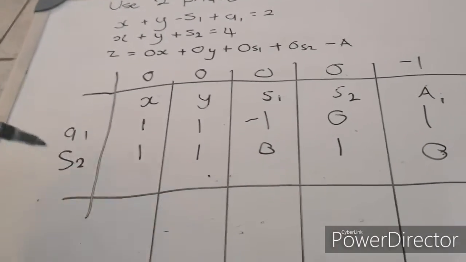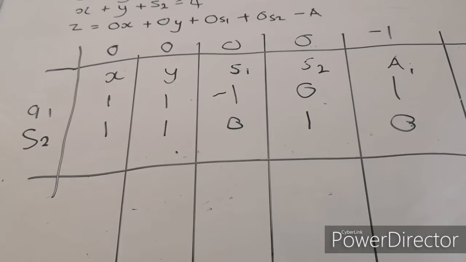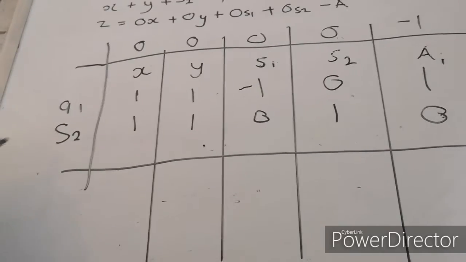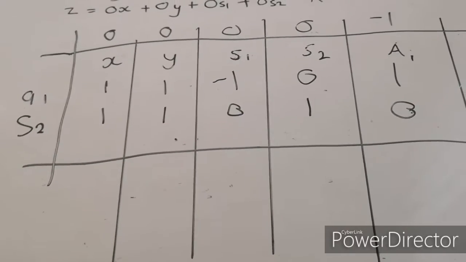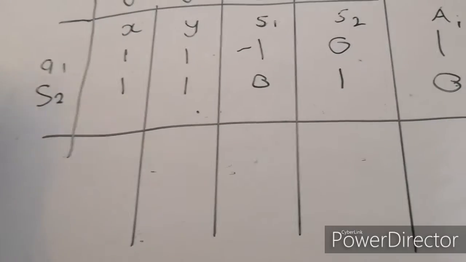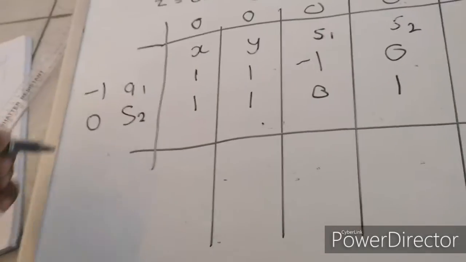If we can get rid of A1, making the whole LP feasible, we would replace A1 with something else that follows the table. But we'll see that just now. So the values for these would be, this would be -1, and that would be 0.